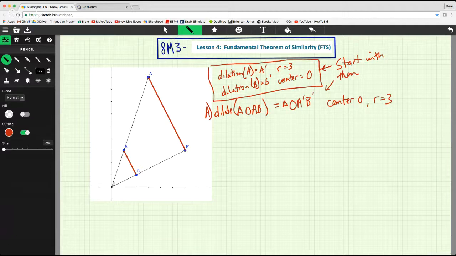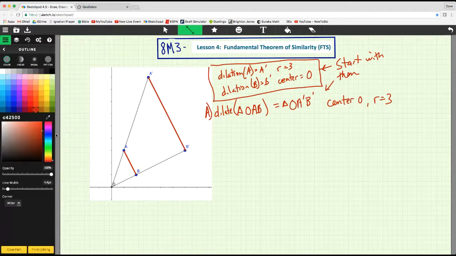And let's draw these triangles a little bit clearer for you to see. Let's draw one of them in blue and the other one in red.